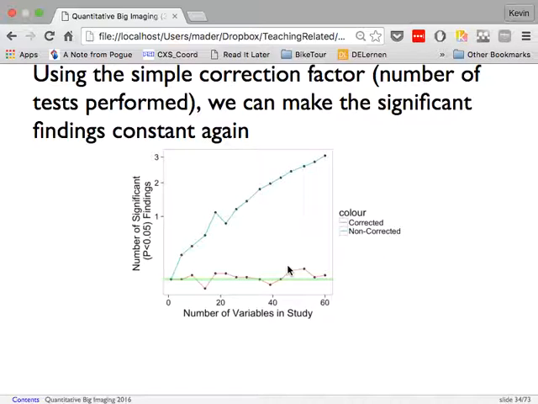So if you look at 60 different parameters in your data, your cutoff is 3 times higher than if you just looked at 20, or 60 times higher than if you just looked at 1. This correction factor forces you to ignore significant results because you're looking at so many different variables.